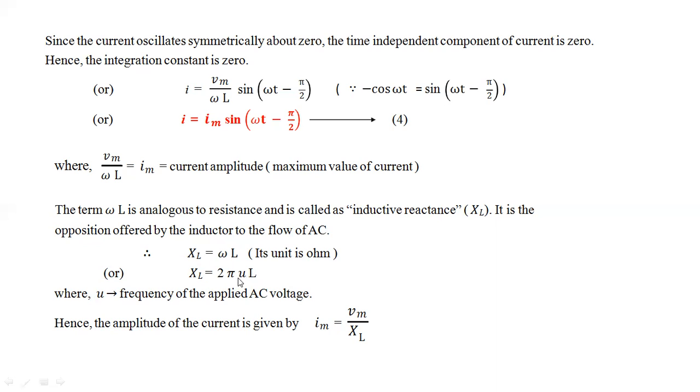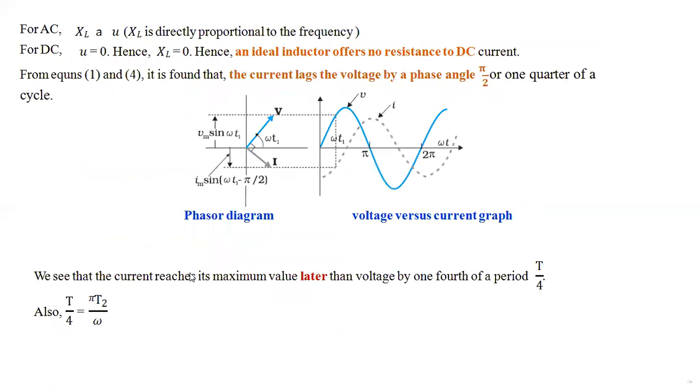If the frequency decreases, the value of inductive reactance decreases. If I decrease the frequency to 0, then it becomes a DC signal.